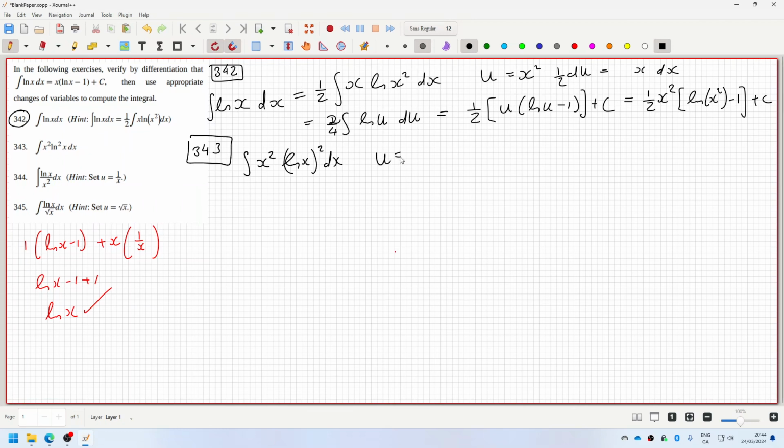U equals... what about if I say log x, then du dx is 1 over x.